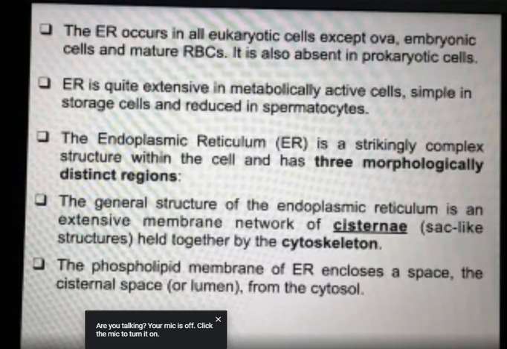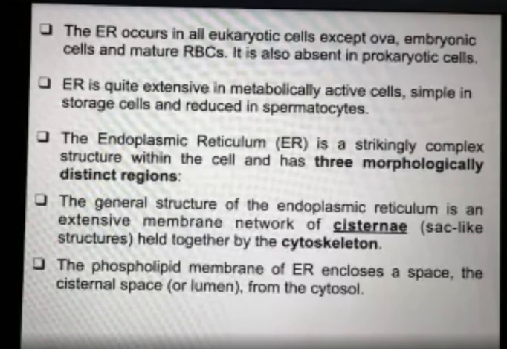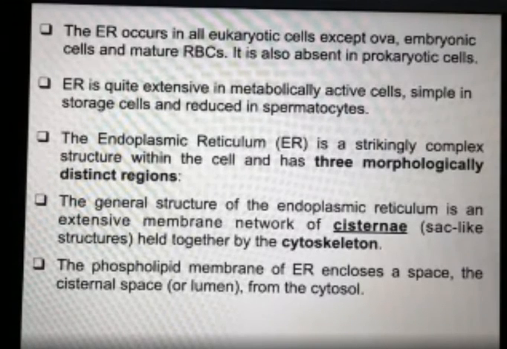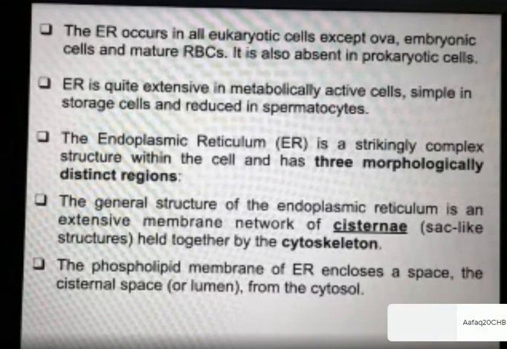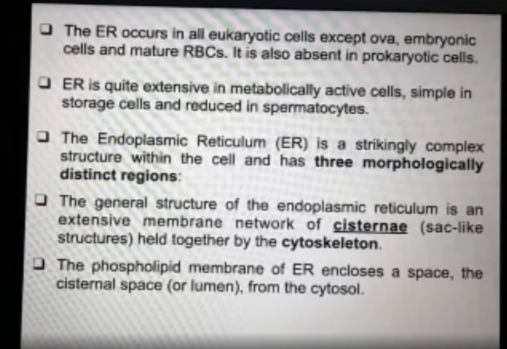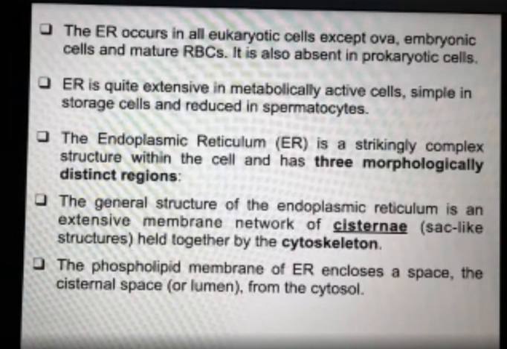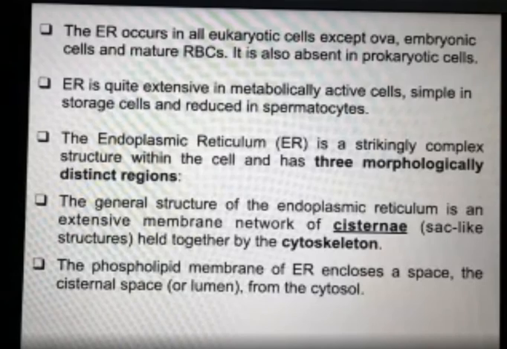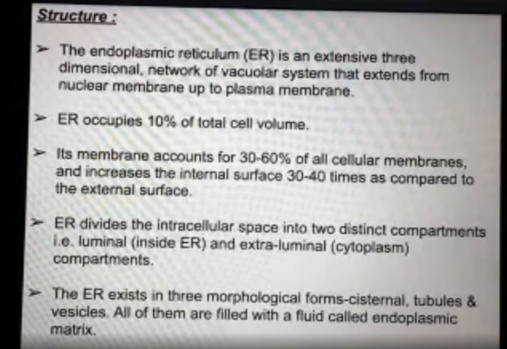The general structure of the endoplasmic reticulum is an extensive membrane network of cisternae. These are called sac-like structures. They are held together by the cytoskeleton. The phospholipid membrane of the endoplasmic reticulum encloses a space, the cisternae space or the lumen, from the cytosol.